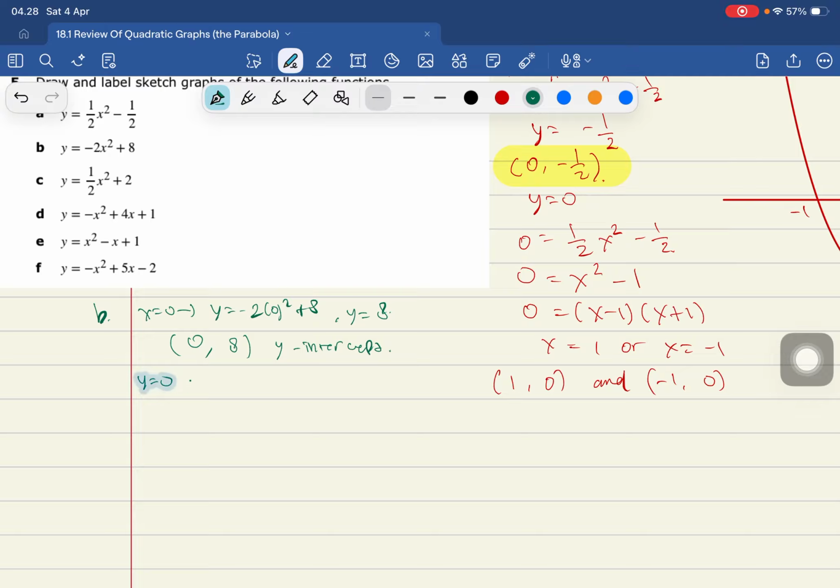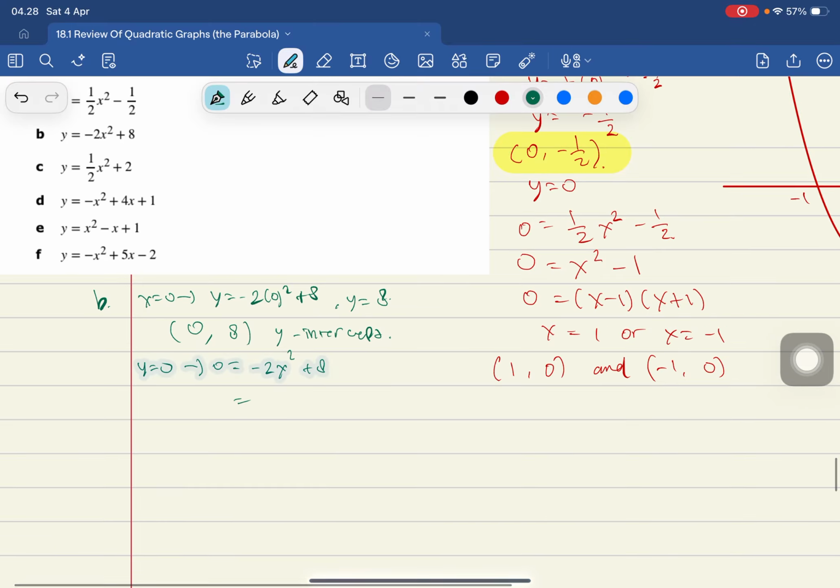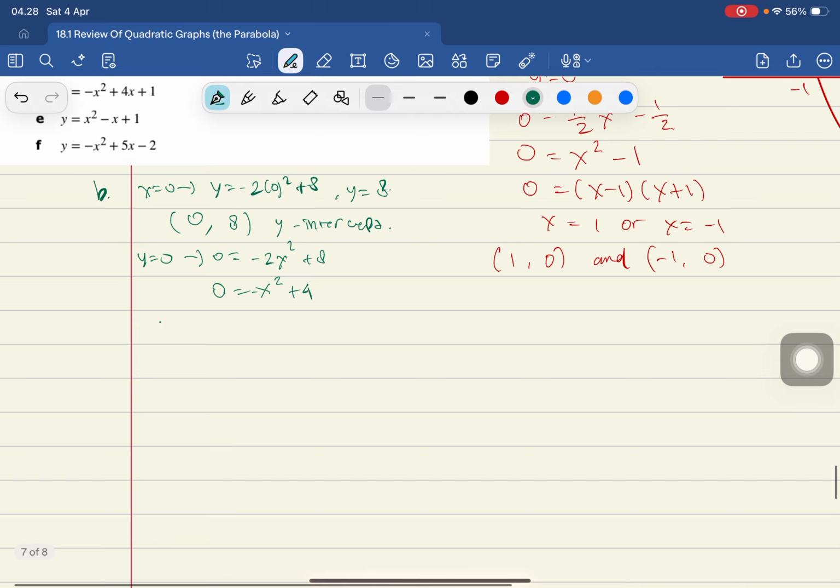Next, let us find the x-intercept, which is when y equals 0. So we can make it 0 equals minus 2x squared plus 8. We can simplify it to minus x squared plus 4. Let's rearrange it: x squared minus 4 equals 0. Factorize it: x minus 2 and x plus 2 equals 0.